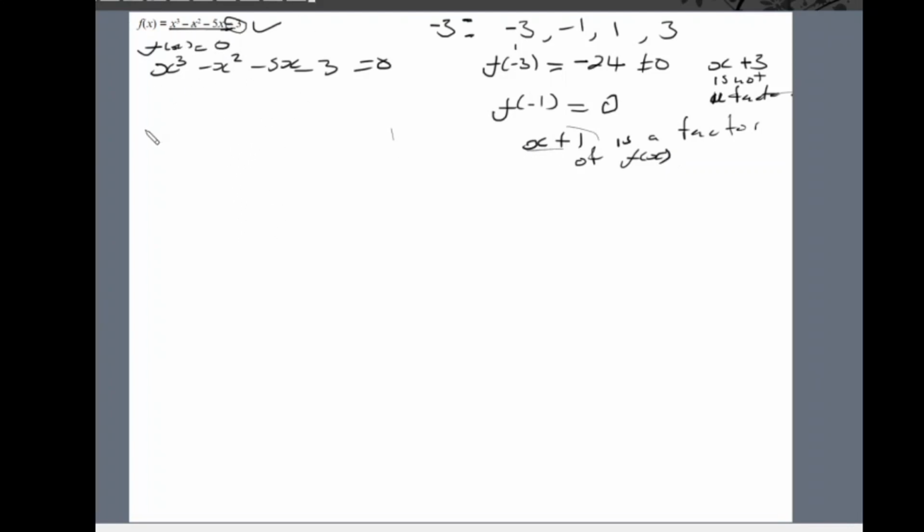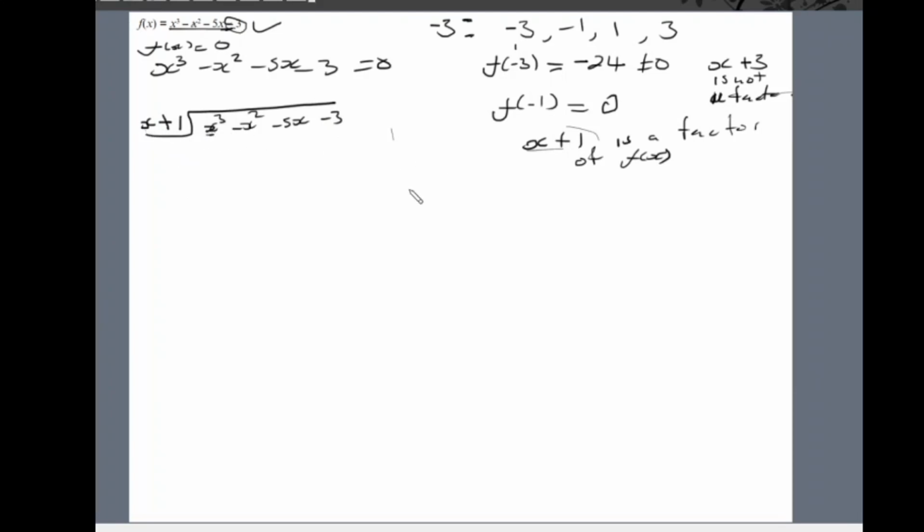So now I'll use long division, and I'll have x plus 1 as my divisor, and then here I'll have x cubed minus x squared minus 5x minus 3. And then I'll divide x cubed by x.